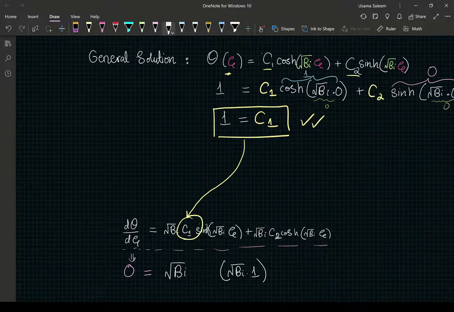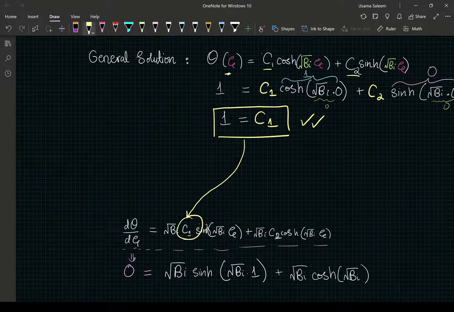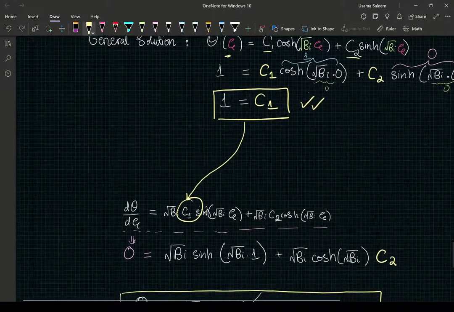Sinh, the hyperbolic sine, not to be confused with the trig sine. Hyperbolic sines and cosines. Square root Bo times cosh of square root Bo, and add all that, equal to C2.